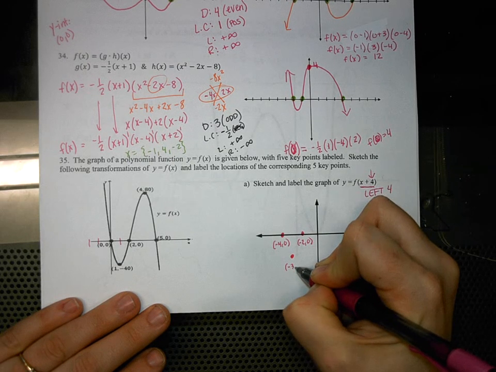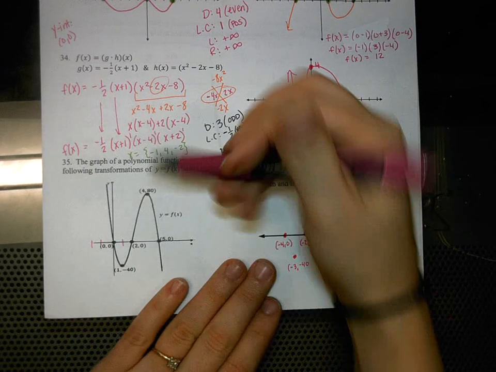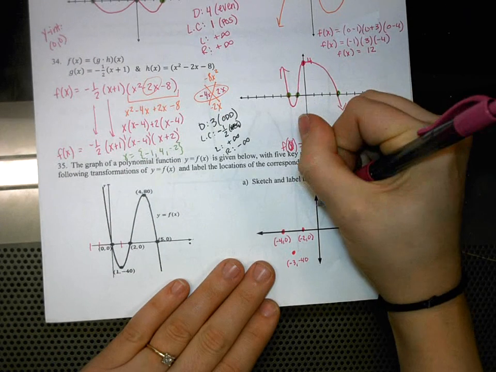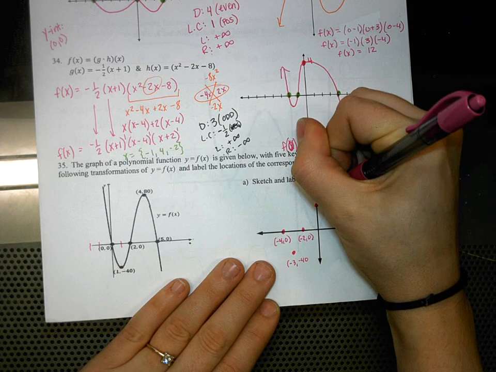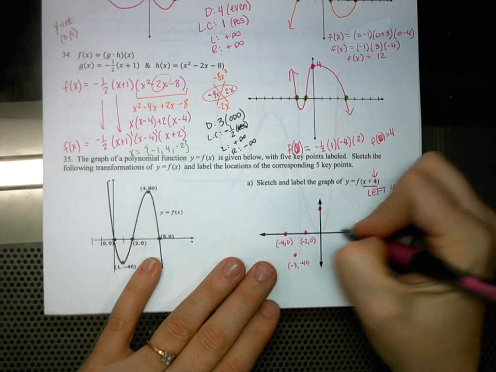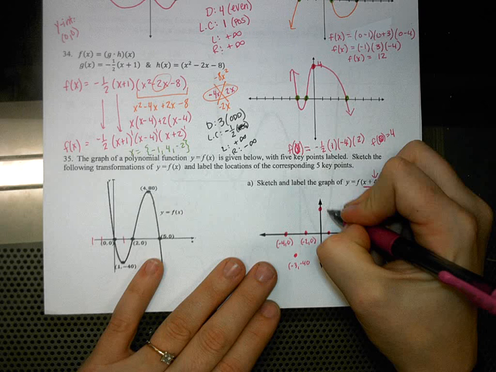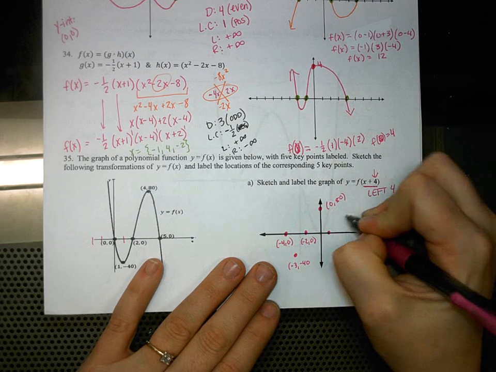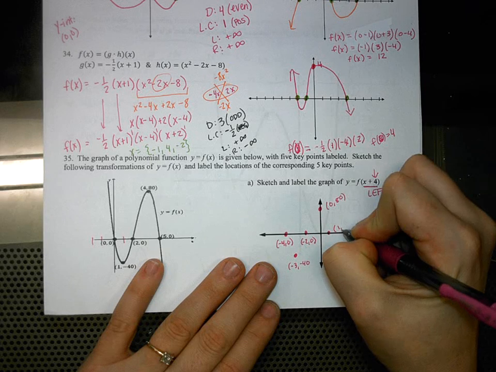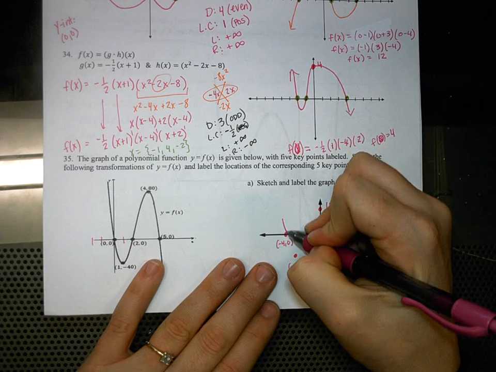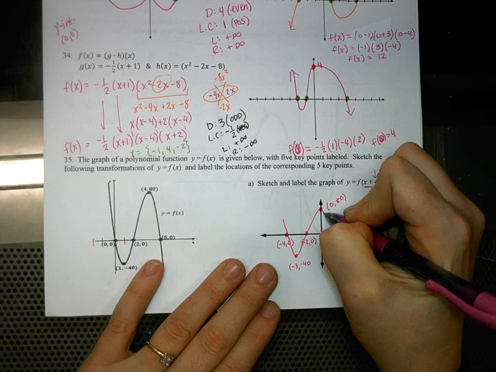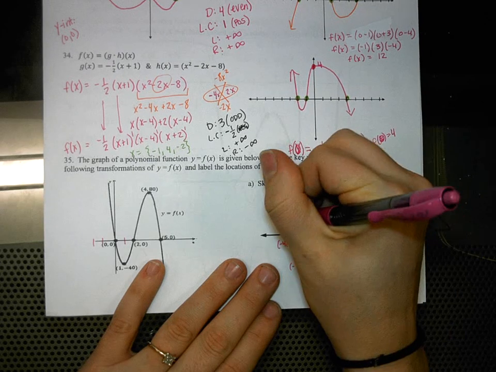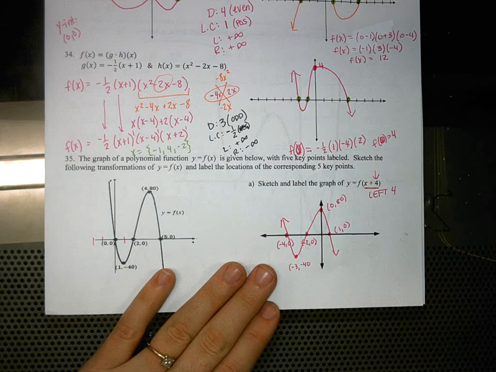Subtract 4 from this x value, and it'll be on the y-axis. And then subtract 4 from 5, and you'll be at +1. So this is (0, 80) and (1, 0). You need to make sure you label all of your points for credit, and then draw in your function as well for credit.